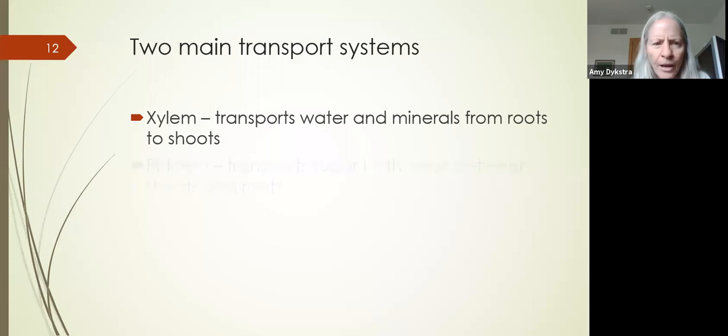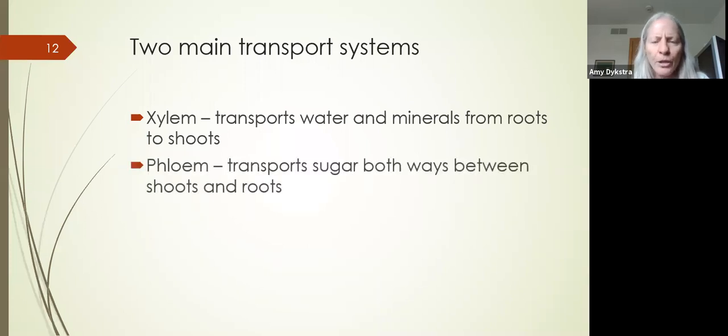And then the phloem transports sugar water both up and down between shoots and roots. These are two different mechanisms that we will get into on Friday, but for now, I just want you to know what gets transported.